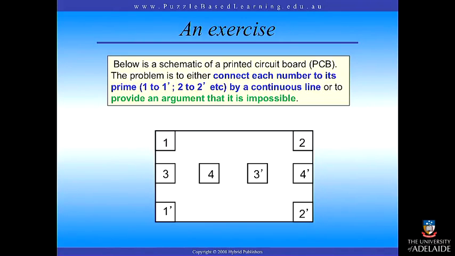There cannot be any break, and lines cannot cross. I'll give you 2 or 3 minutes to try to solve this question. There is a very deceiving point here that, if you don't pay attention, will keep you from solving it. But the question is, can you solve it? If so, how? If you cannot solve it, tell me why.